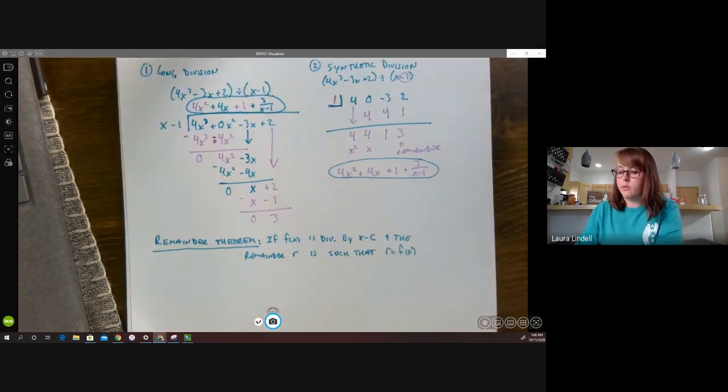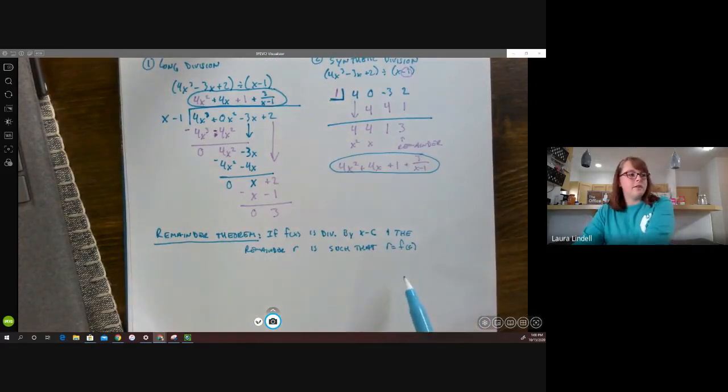So the remainder is equivalent to the value of the function evaluated at c.